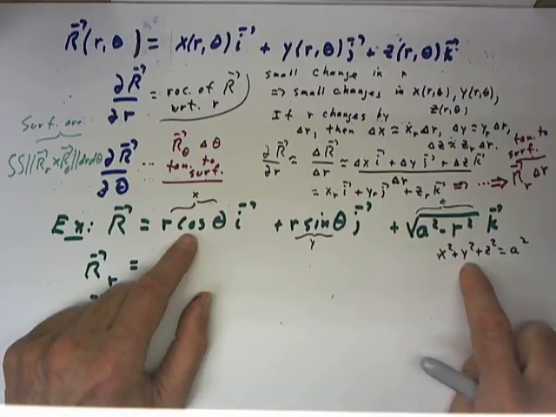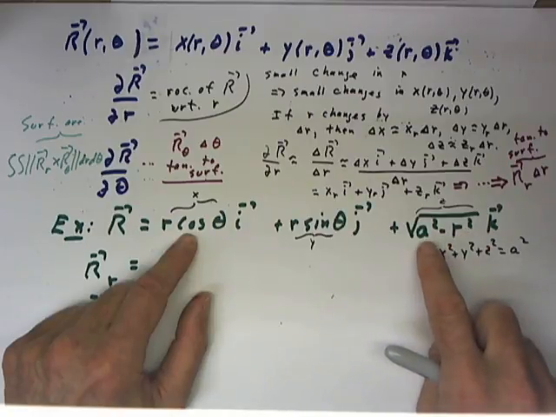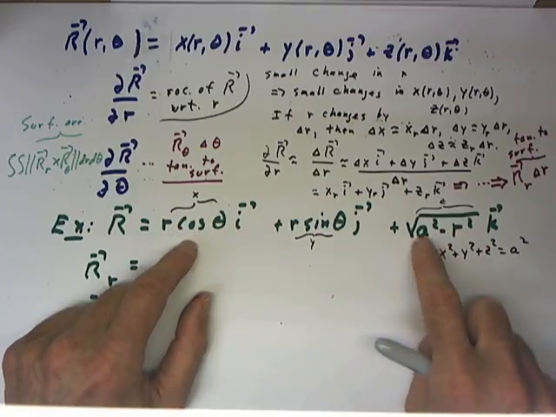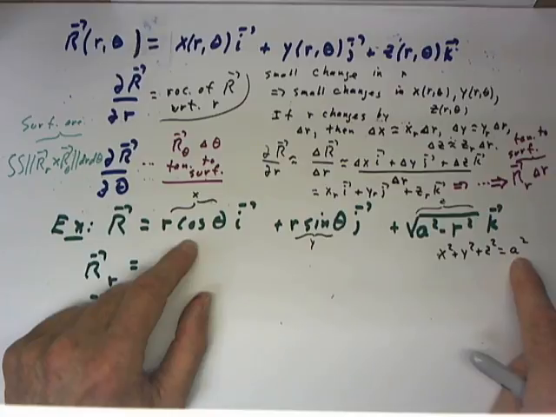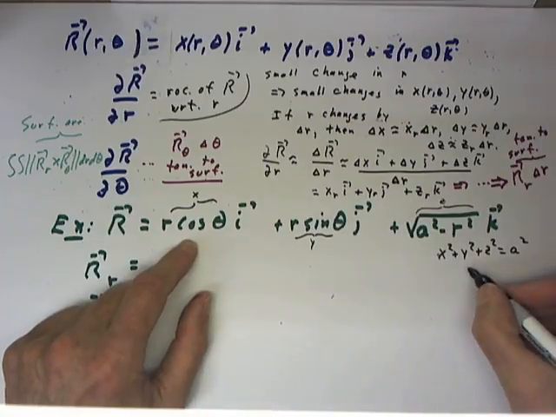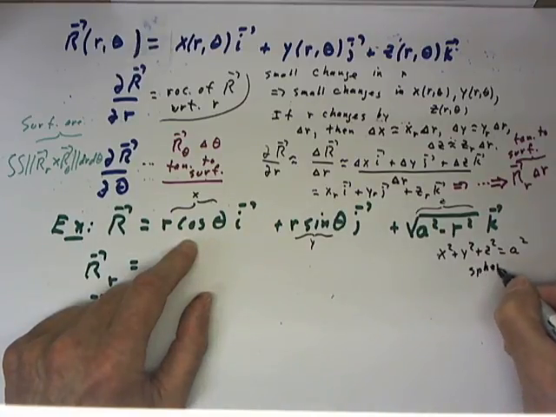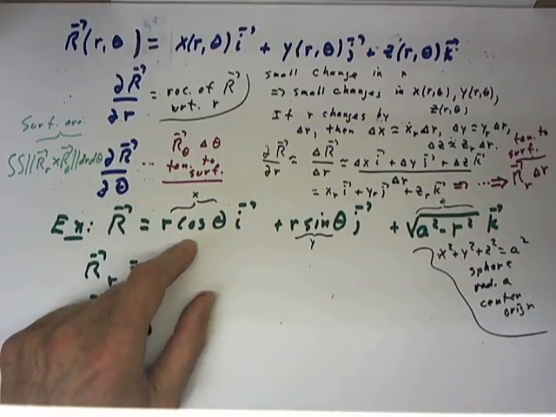So x squared plus y squared equals r squared. Add that to the square of this, you'll be adding r squared to a squared minus r squared, which will give you a squared. So this is a sphere, radius a, center at the origin.